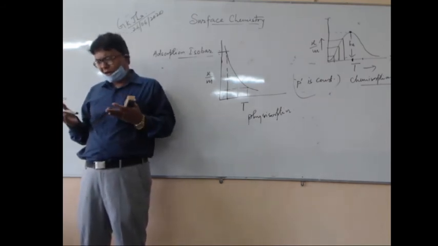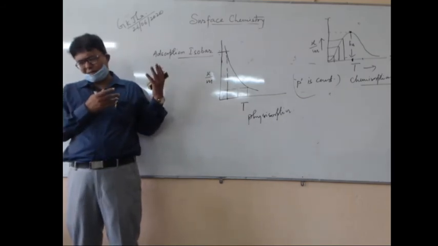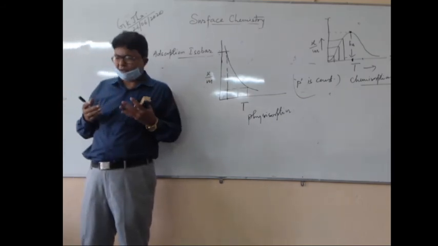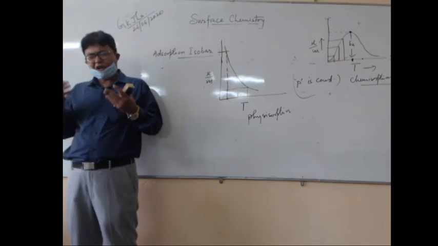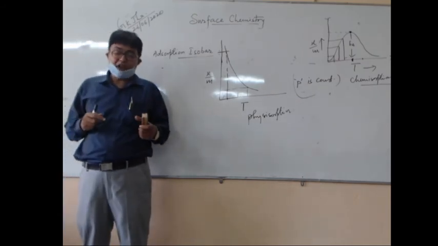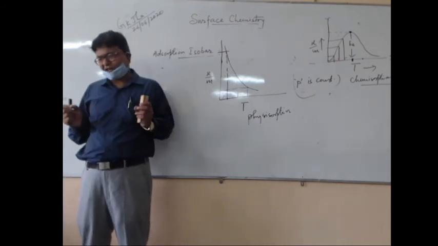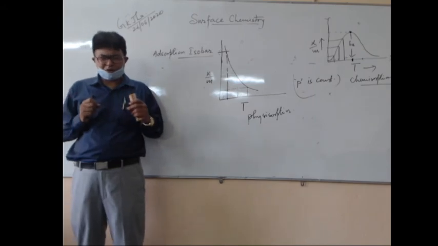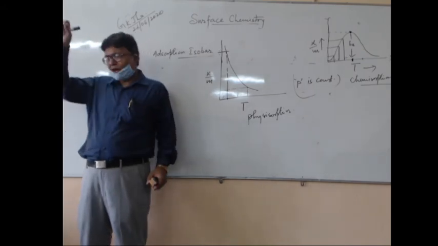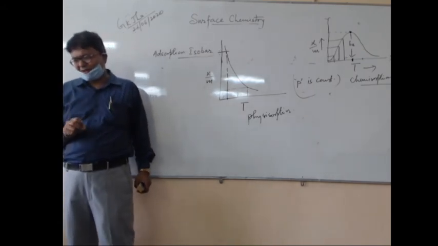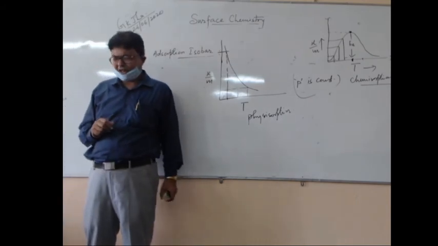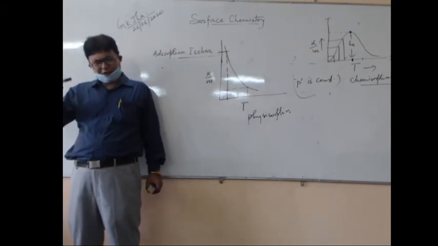One example I have given you is anhydrous calcium chloride. If kept exposed to air, what happens? It absorbs water vapor, and anhydrous calcium chloride comes into aqueous solution phase. While water vapors are coming down to the calcium chloride, dust particles may also settle down.